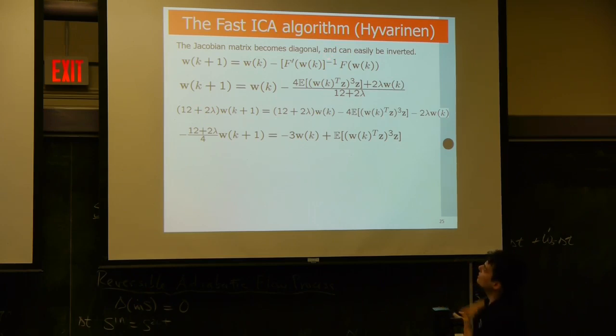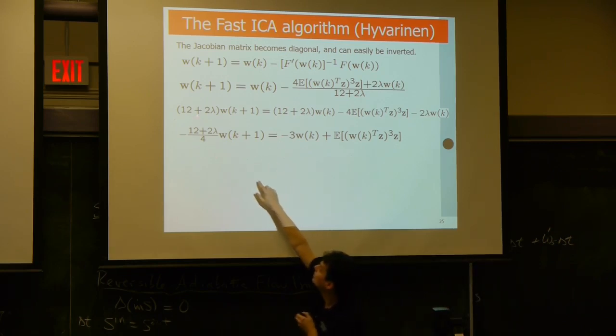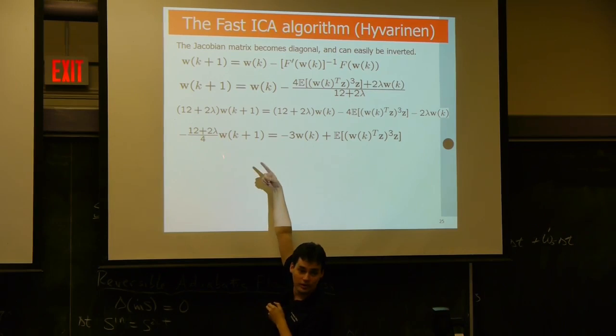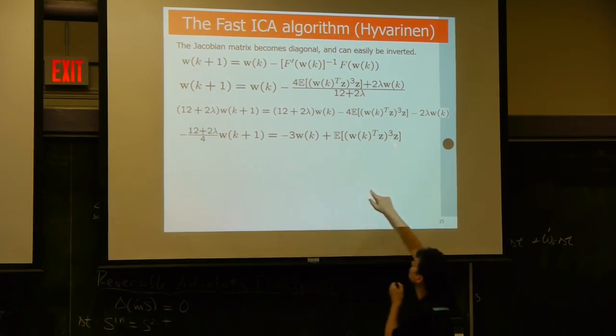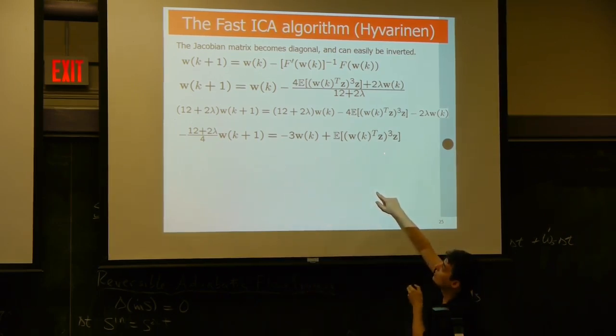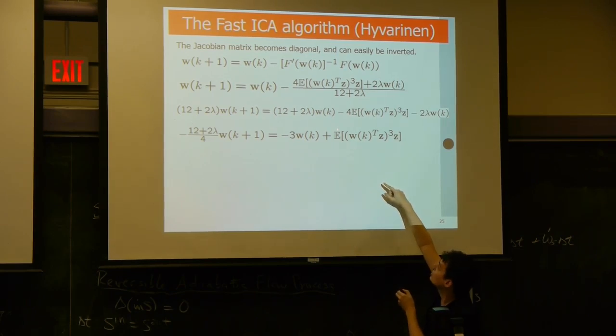And the cool thing here is that this 2 lambda, the Lagrange multiplier, cancels out. So we didn't need to calculate it. Because at the end, you will get that a constant times w in the next step is this expression. We can calculate this expression because it's just the empirical average of these quantities.